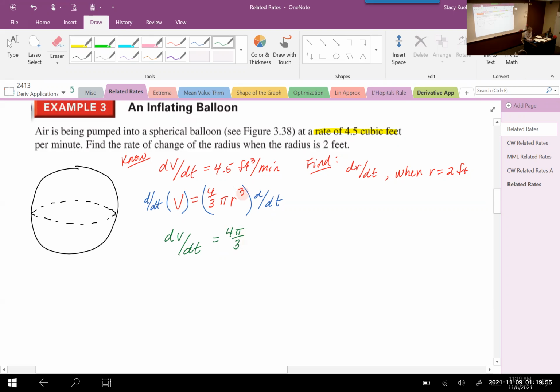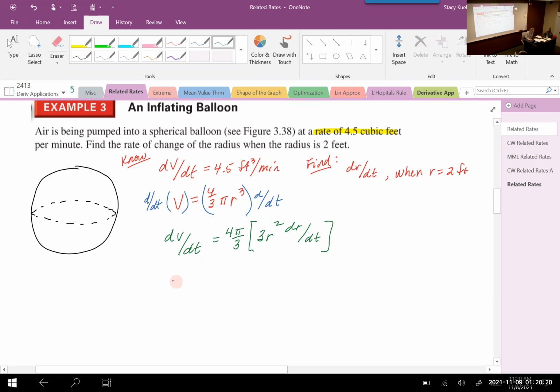And then we have r cubed, which becomes 3r squared when I take the derivative, times dr dt. Okay, didn't do anything we haven't done before.